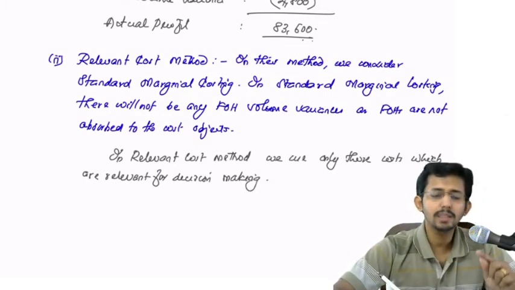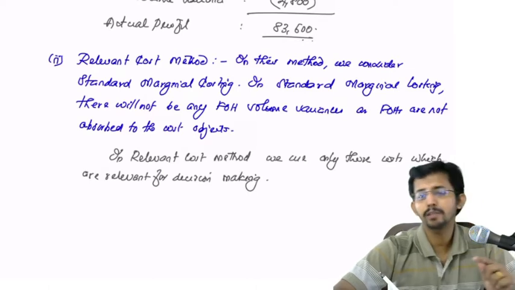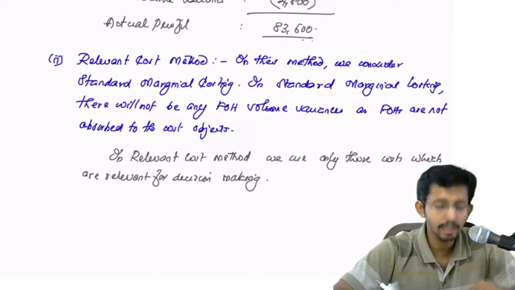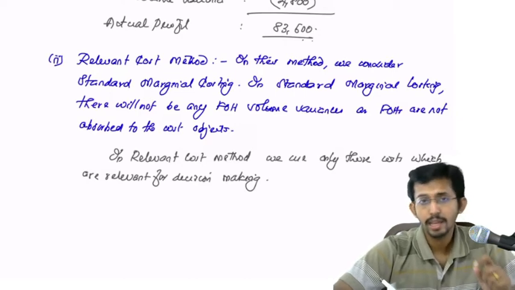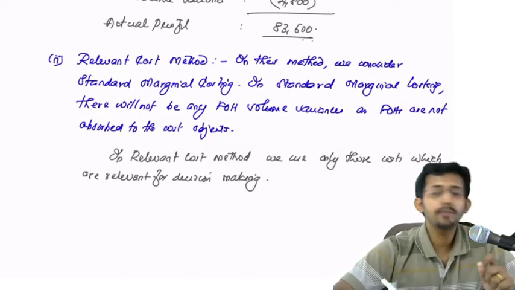In addition to that, there is one peculiar aspect we need to keep in mind with respect to relevant cost analysis. We need to consider opportunity cost, especially when there is a limiting factor.